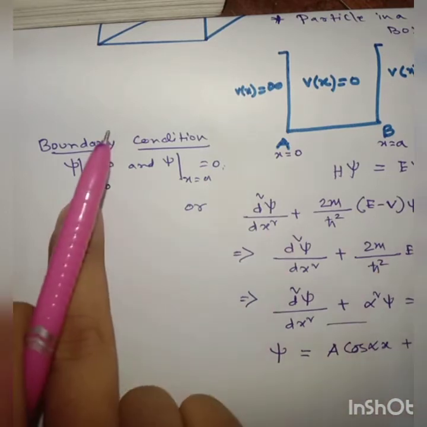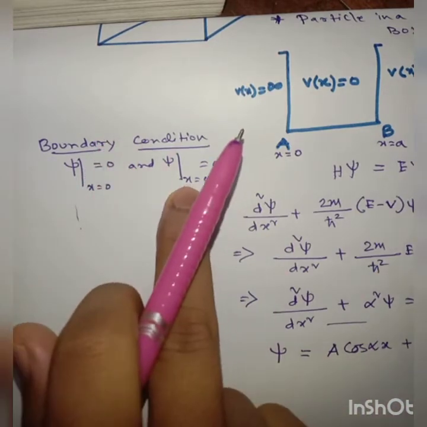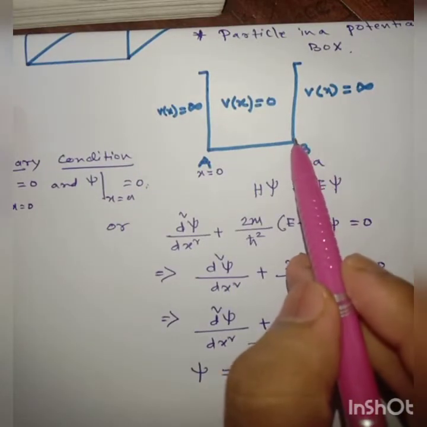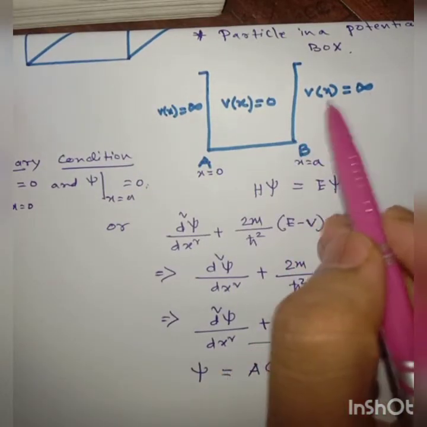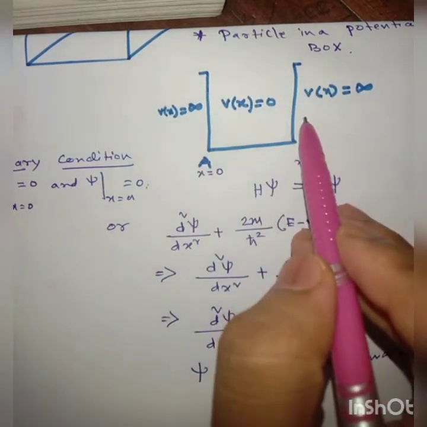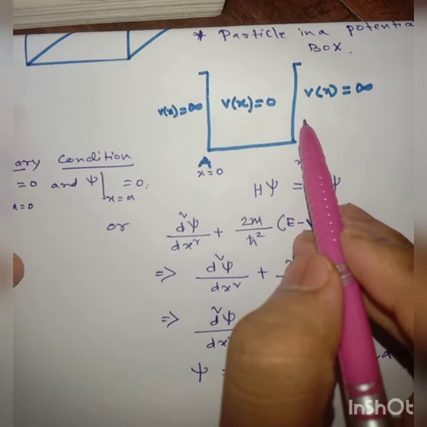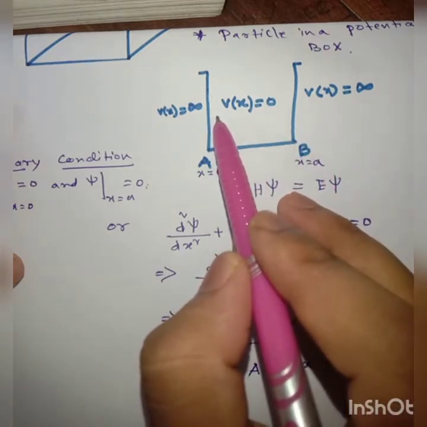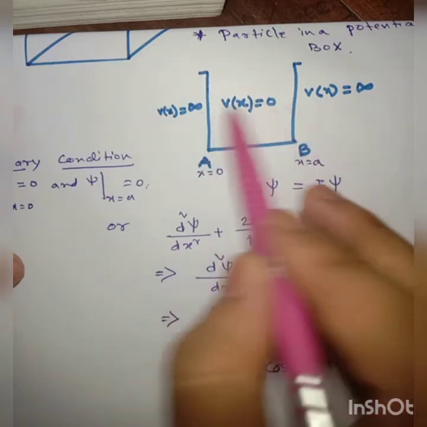The reason why we choose this type of boundary condition is that we have this potential equal to infinity at the boundary, so we assume that the wave function of the particle must vanish at the two boundaries.